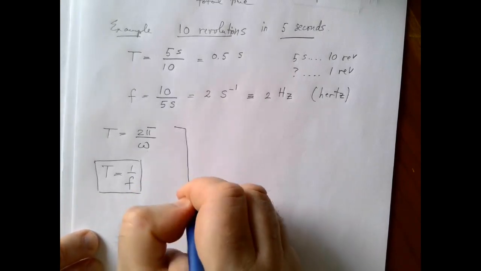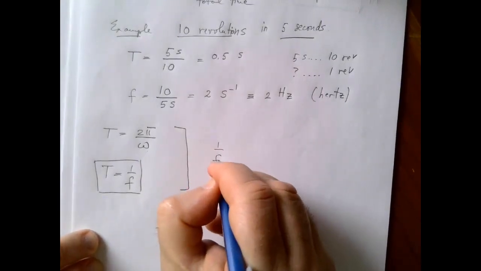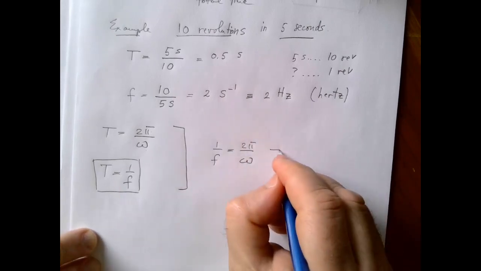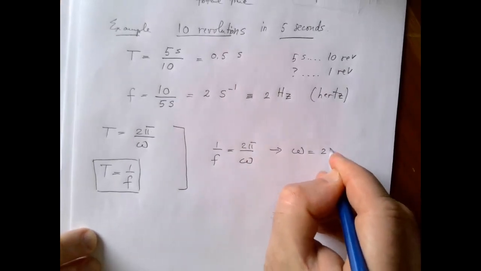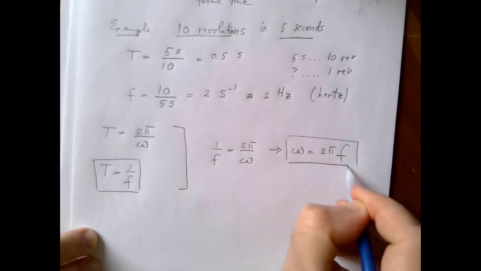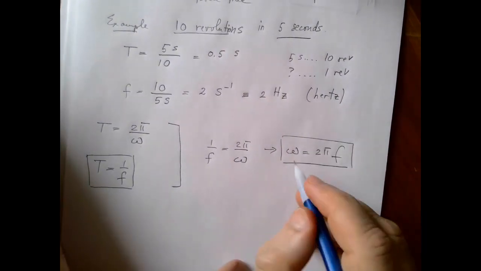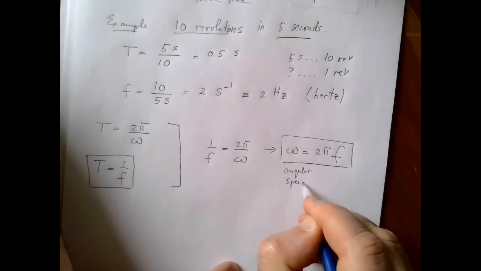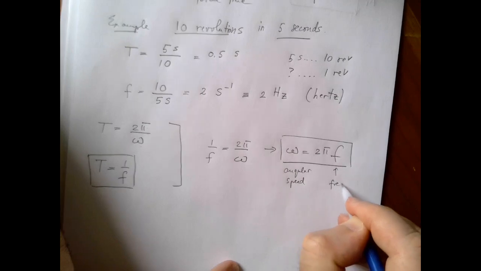If we put everything together, 1 over f is equal to 2 pi over omega, or omega is equal to 2 pi f. This relates the angular speed to the frequency.